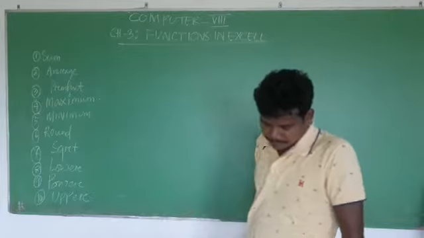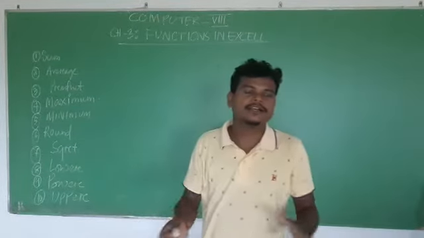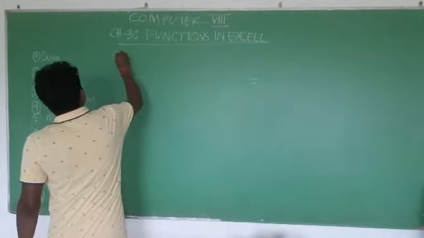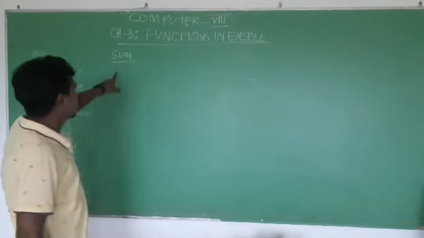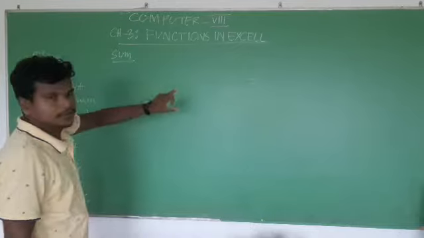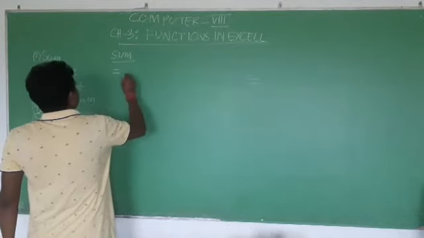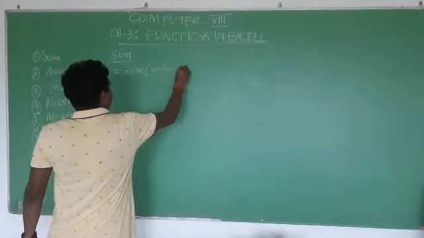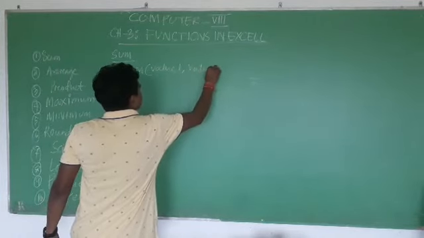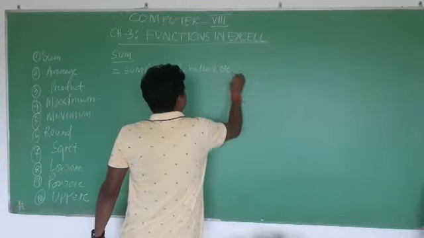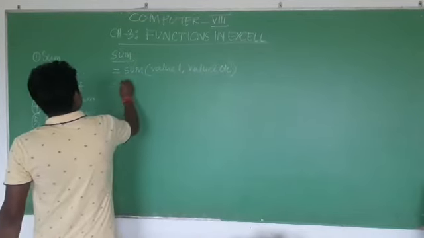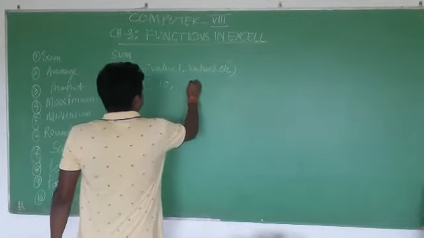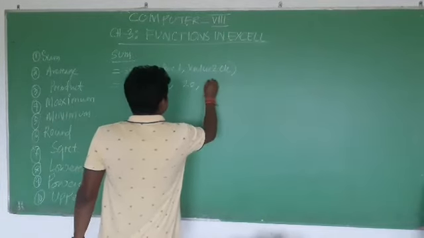Sum is used to find the total value. It begins with an equal sign: equals SUM, then value 1, value 2, etc. Suppose value 1 is 10, value 2 is 20, and value 3 is 30.